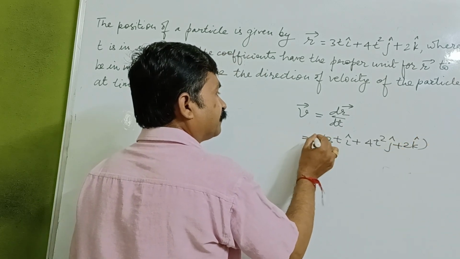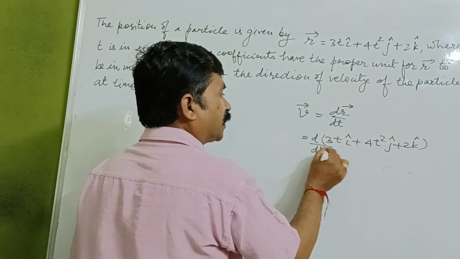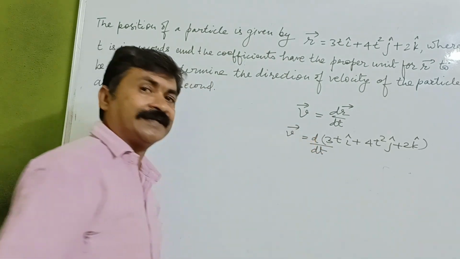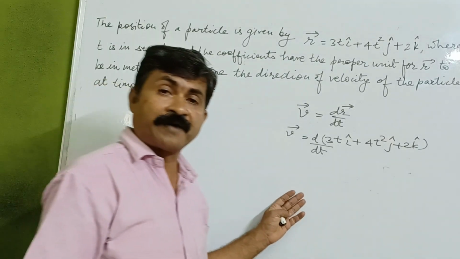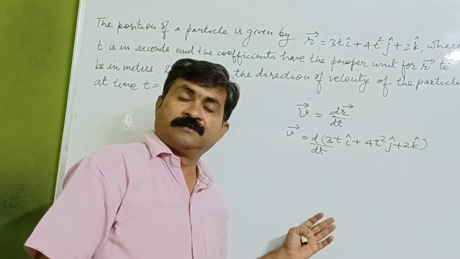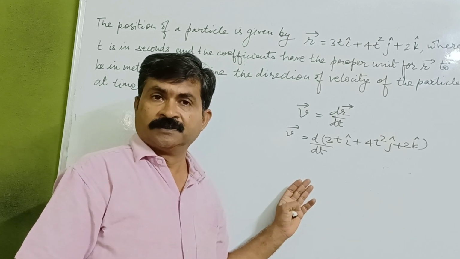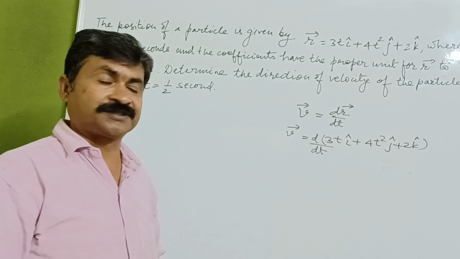So, we can differentiate this with respect to time. This will give the velocity. Once we have got the velocity, we can determine the direction. Once we have got the magnitude, we can also determine the direction. Now here we need to know only direction.